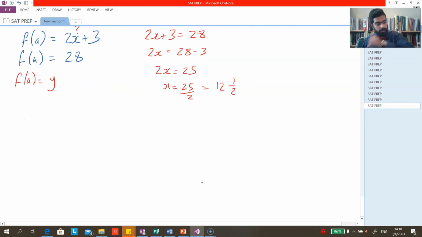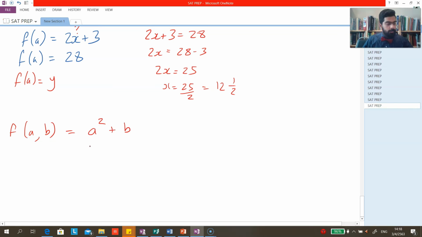Now let's give one more example of function. Let's say f of a comma b is equal to a square plus b, right guys?